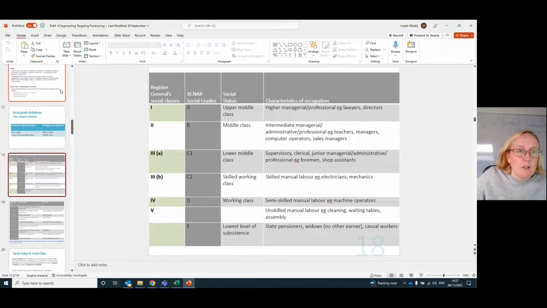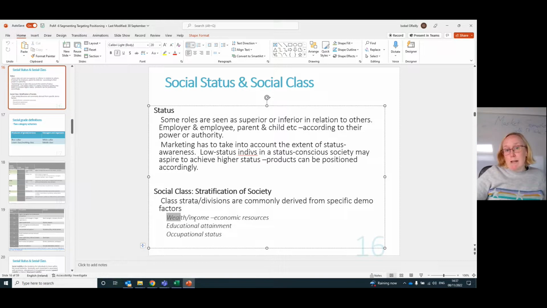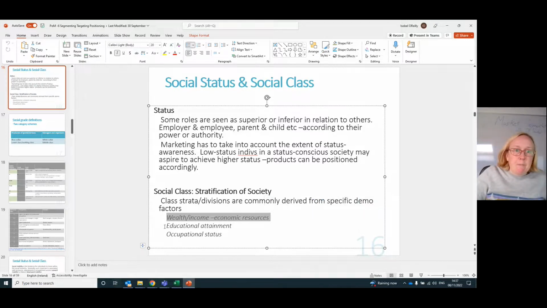So as we saw earlier, if I just flick back to a slide here, in the stratifications, in that layering of who goes into what level, the things that come into play to move you either up or down are the level of wealth or income. Some people are just born into money and automatically reside in the upper classes, and it doesn't matter what they do for a living.